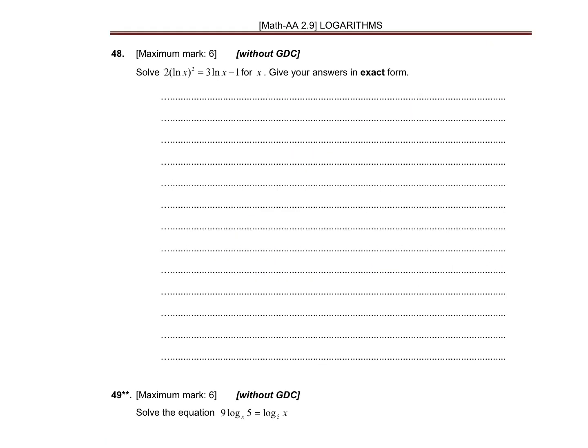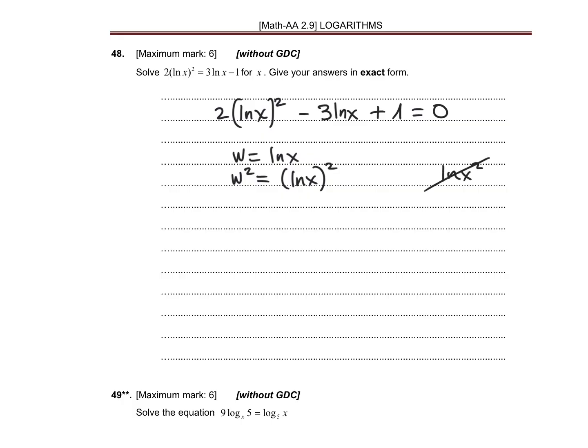Okay, 48. Okay, so we have 2 natural log x squared minus 3 natural log x plus 1 equals 0. You might think that the 2 would come up here. No. This is a hidden quadratic. So we make w natural log x, which means w squared is natural log x squared, which, by the way, is not equal to this, okay?